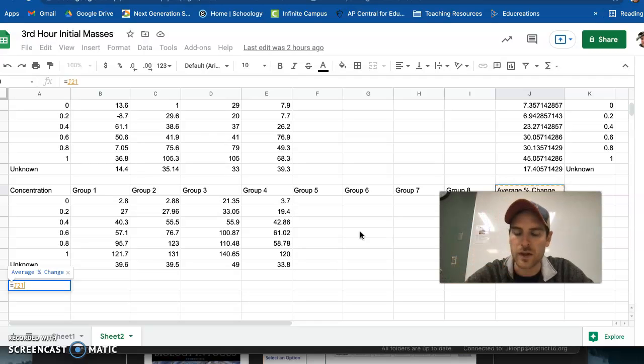I'm not going to go through them. You can see them right in front of you. Those are other groups' percent change. Once you have that data for group 2 and group 3, find the average percent change. Add them all up. Divide by 3.